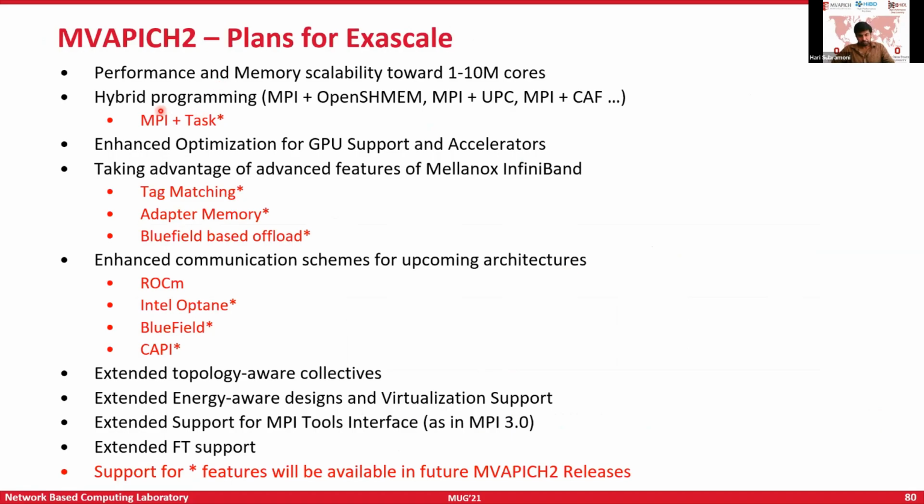We want to add support for the MPI plus task model. We are also working on using some of the advanced features from Mellanox, like hardware tag matching, adapter memory, and BlueField based offload. The X-ScaleSolutions folks will be talking about the benefits of BlueField based offload and some of the products that they have made based on the research work that we had done.